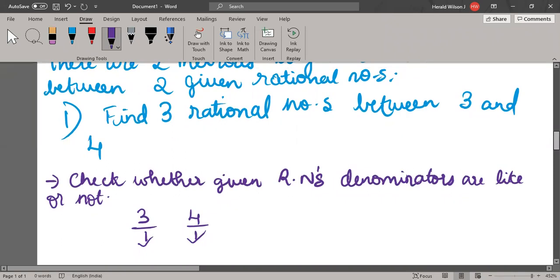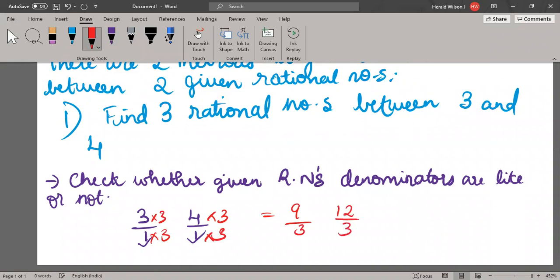So that means we need to multiply the denominator and numerator of both the numbers with a number that depends on this question. So 3 by 1 and 4 by 1, can we multiply this with 3? 3 into 3 into 3. Can we do that? Yeah. So what will be our answer now? It will be 9 by 3 and 12 by 3.